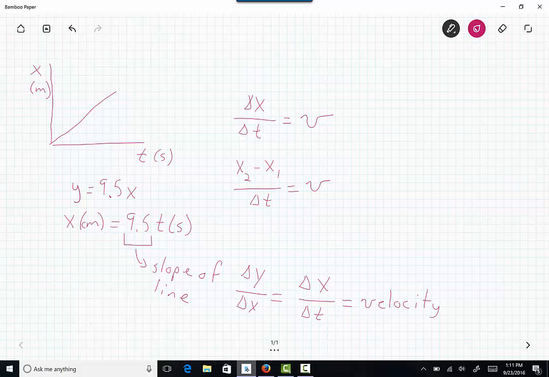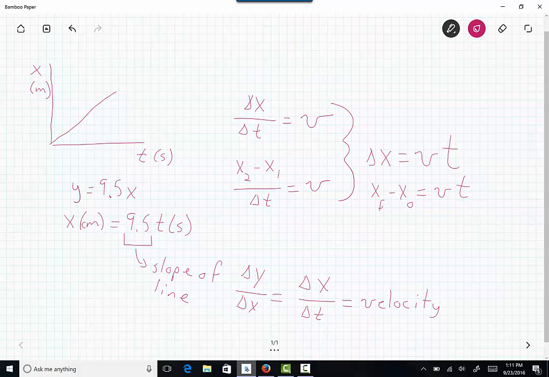So we can keep it written as a fraction, or we can write it that delta x is equal to vt. And if we change this from being x2 minus x1 to being the final position minus the initial position, we then get x final minus the original position is equal to vt.